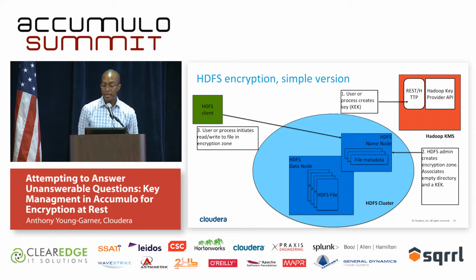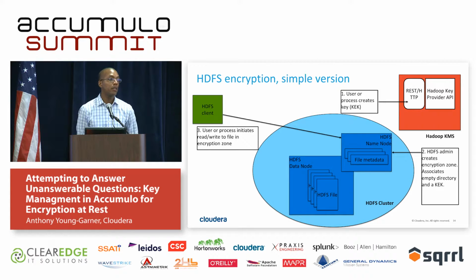All he knows is that the user of this directory has asked that he associate this directory with an encryption zone, and that encryption zone be associated with this key encryption key. When the user or a client process interacts with an encryption zone that he has permission to read and/or write, the HDFS subsystem transparently will fetch from the name node metadata the name of the key and send it back to the client, and the client then will fetch the key from the KMS directly.